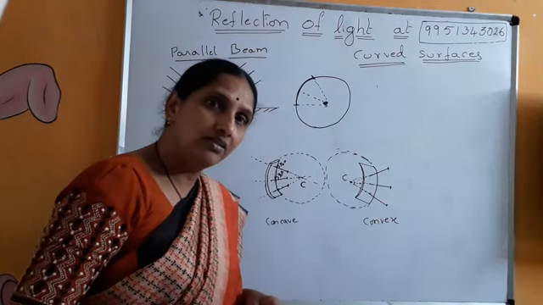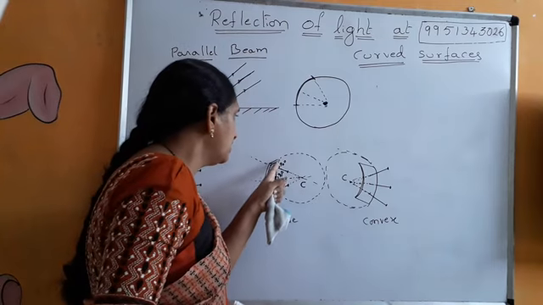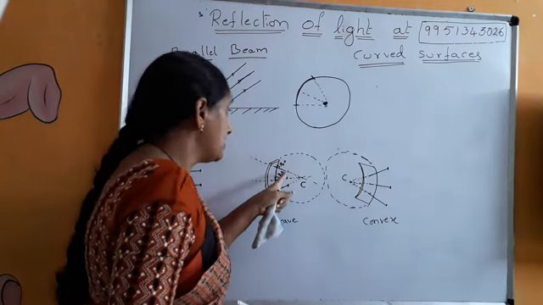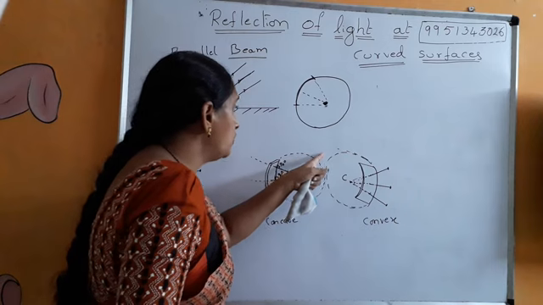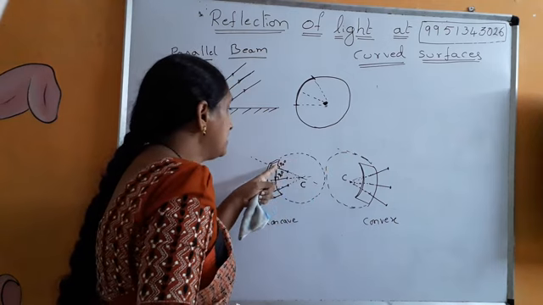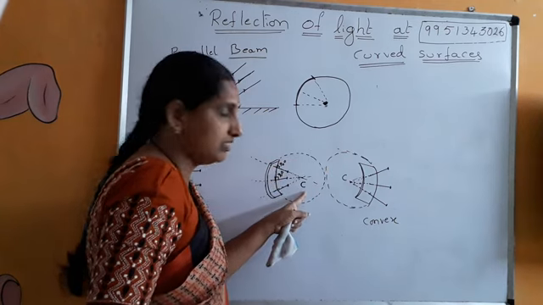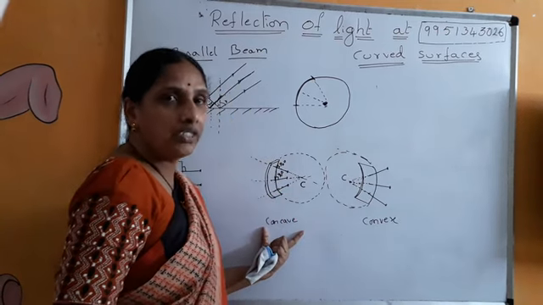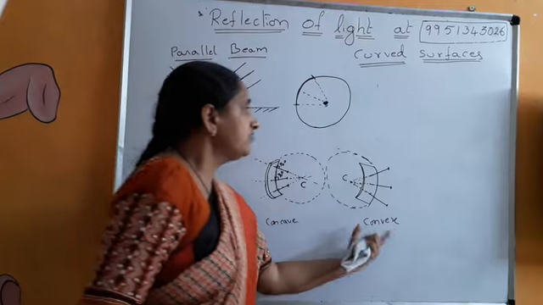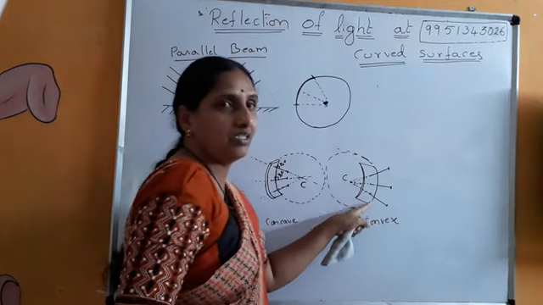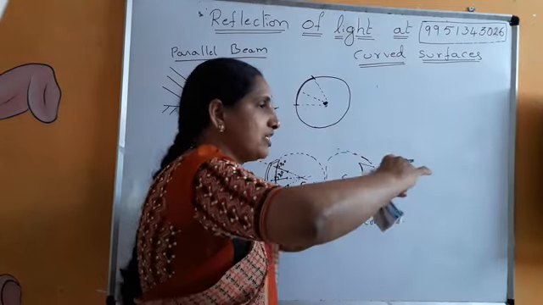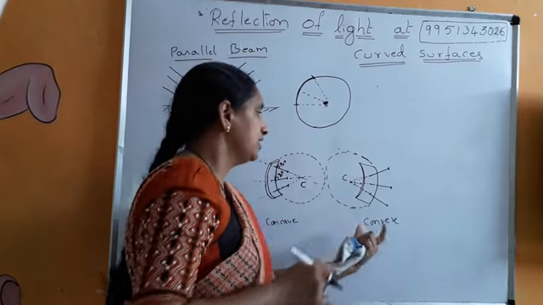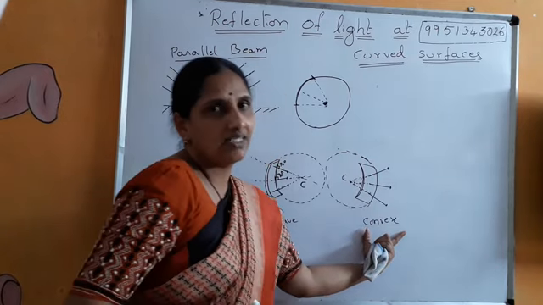Is that clear? So this is an inward curve. That means if the surface where you want to study the incident and reflected rays curves inward, then it is concave. And if that surface curves outward, so that it looks as though it is bulged outward, then that is called a convex surface.